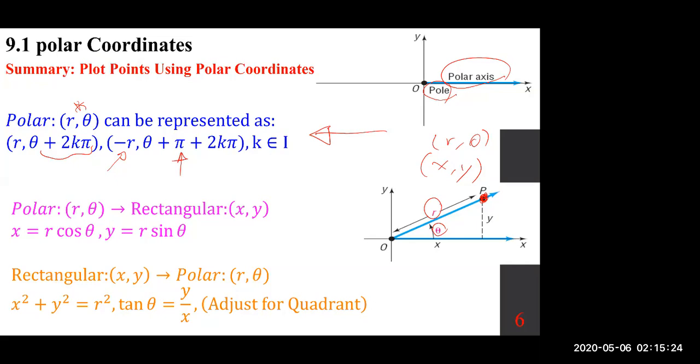So for example, r comma theta plus pi. Okay, so if that is the case, this as an example is the same as negative r comma theta plus pi, okay? Or theta plus 3 pi or 5 pi or 7 pi, okay?